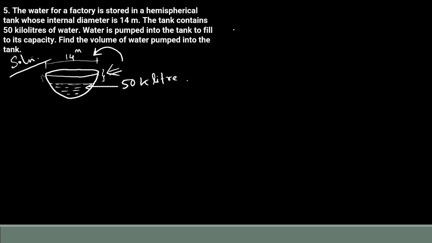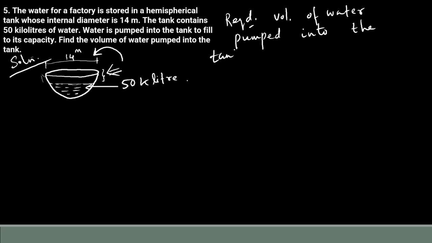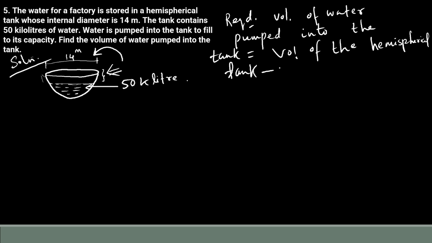So basically we can just write, required volume of water pumped into the tank can be written as volume of the hemispherical tank minus whatever volume was left.